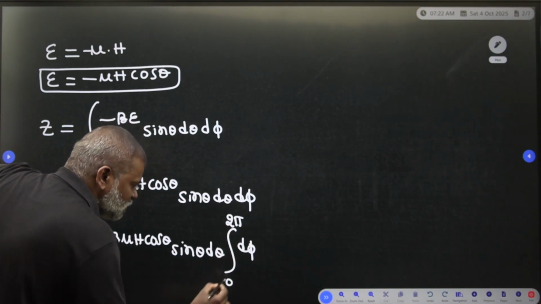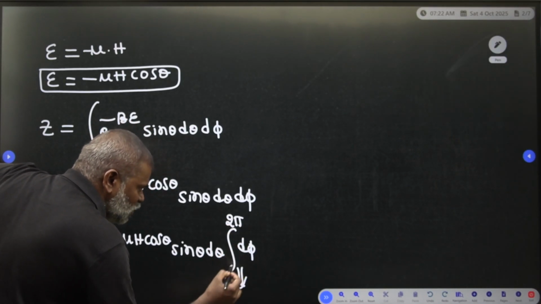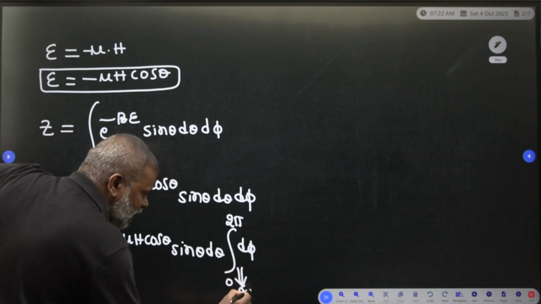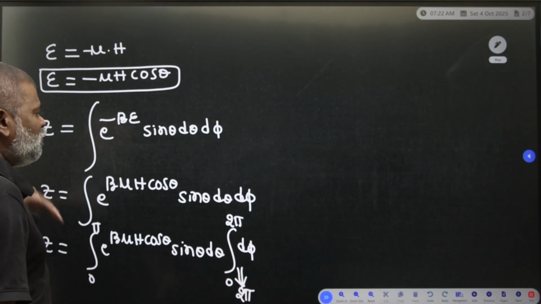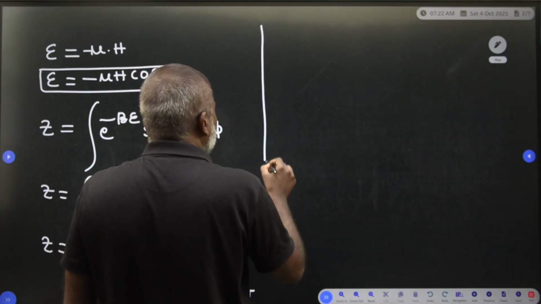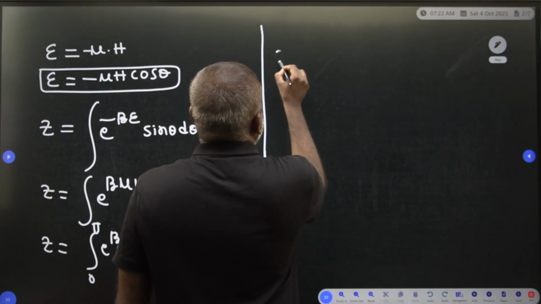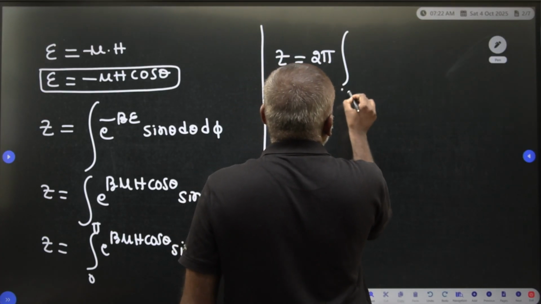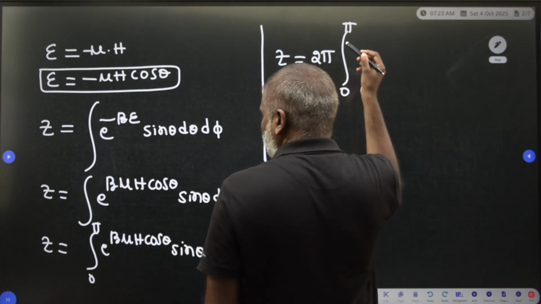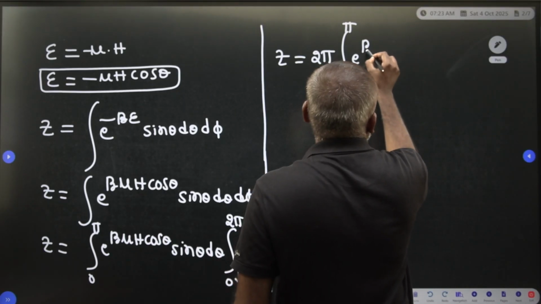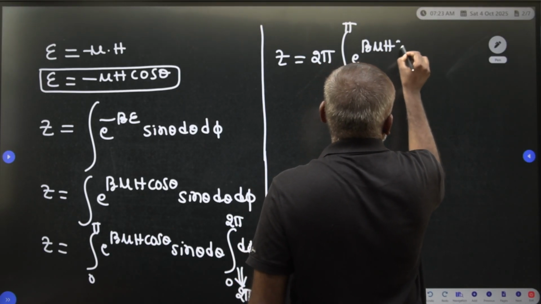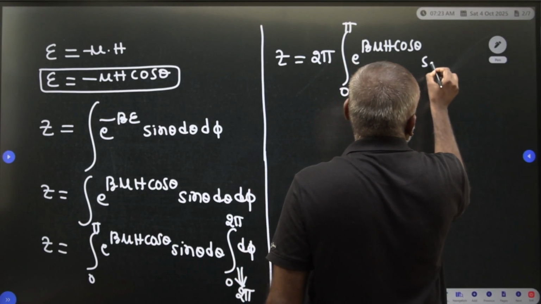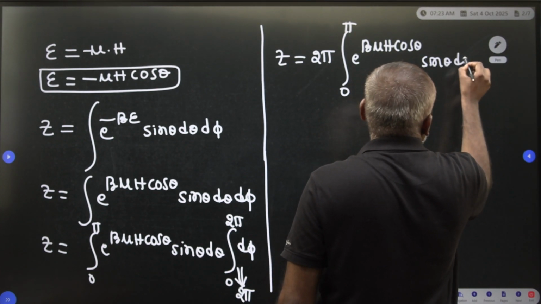The integral of d phi is equal to 2 pi. So therefore your partition function Z is equal to 2 pi into integral 0 to pi of e to the power of beta mu H cos theta sin theta d theta.